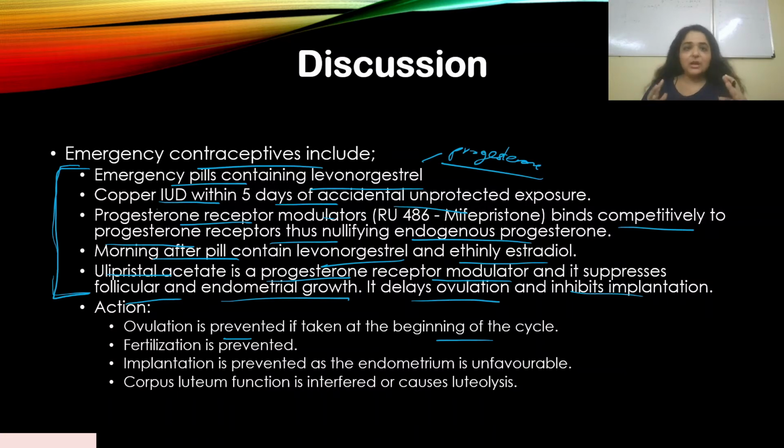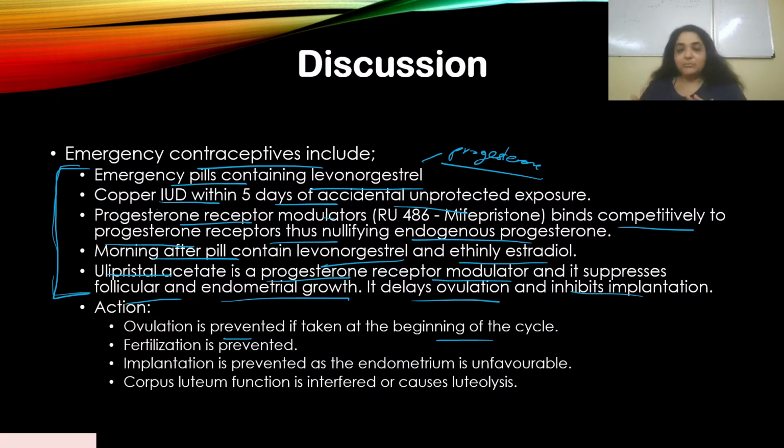So you need to understand at what stages these contraceptives impede a successful pregnancy. Either suppression of ovulation is taking place, or suppression of sperms, or implantation is not happening. So you have ulipristal acetate, and we'll also come to centchroman. Ulipristal is a progesterone receptor modulator, where progesterone receptors are blocked.